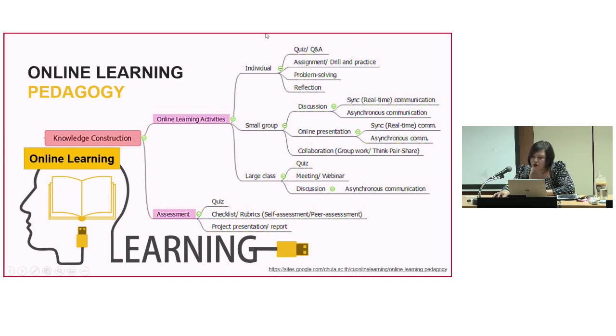After they do these, quiz, assessment, drill and practice, problem-solving cases, or reflection, they can construct the knowledge by themselves. For small groups online, you can do discussion. For discussion, you can use real-time or synchronous communication, and asynchronous.